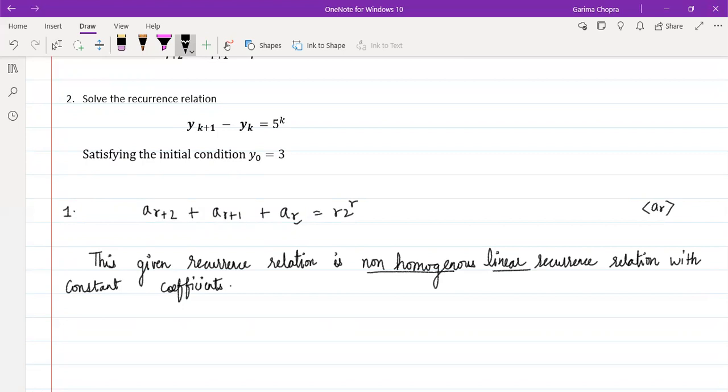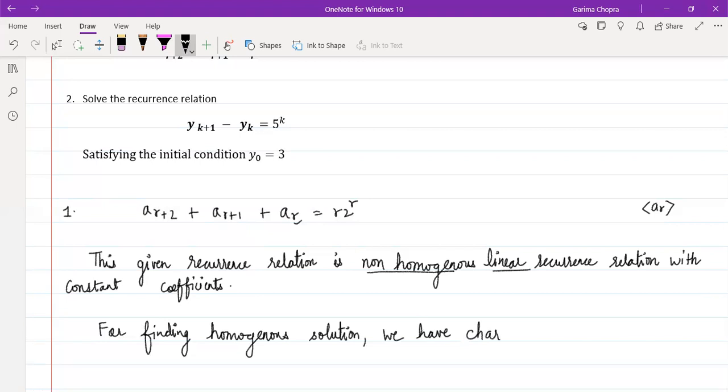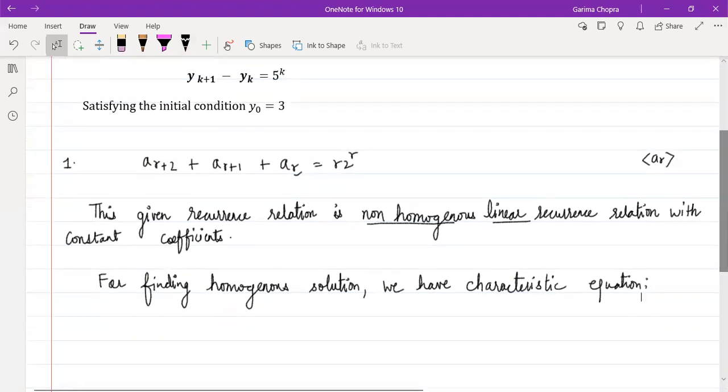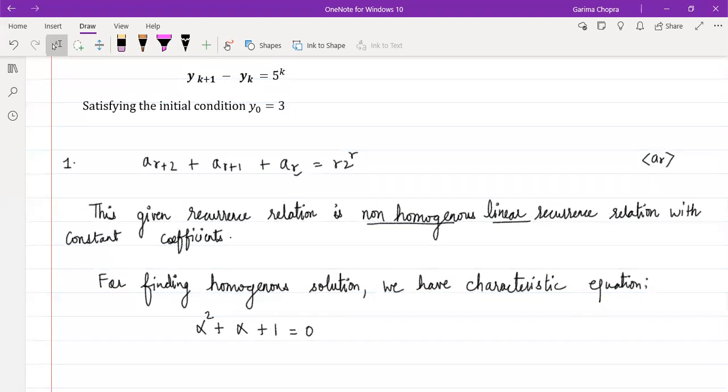So for finding the homogeneous solution, let us take the characteristic equation, which is alpha squared plus alpha plus 1 equal to 0.